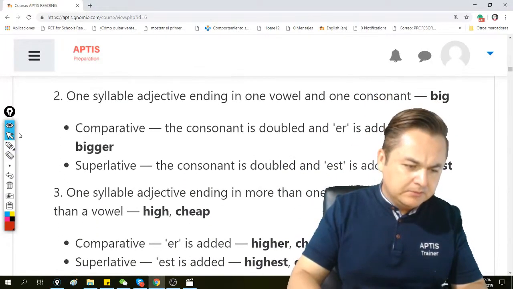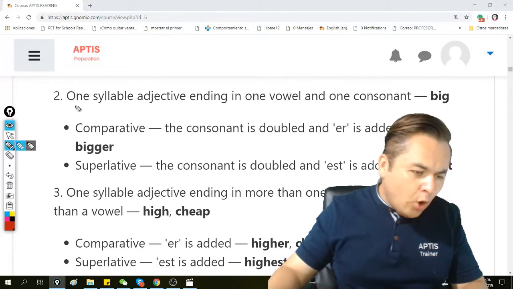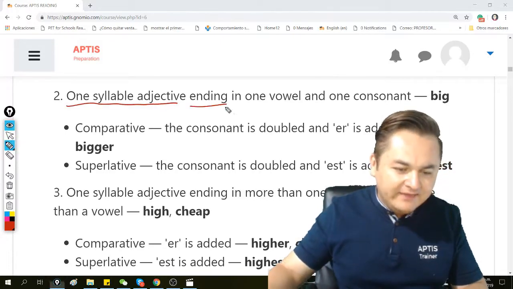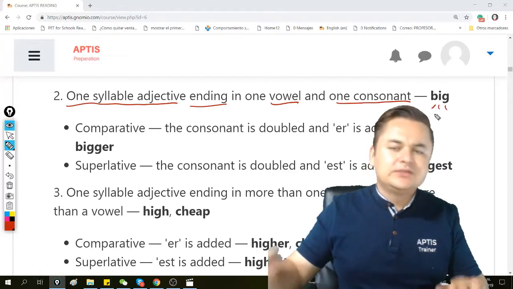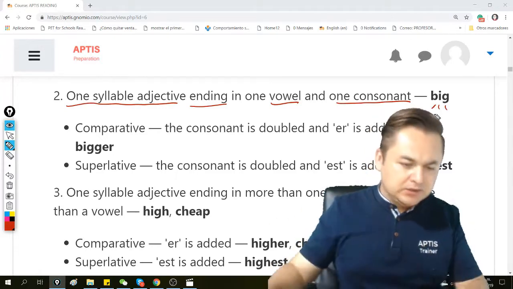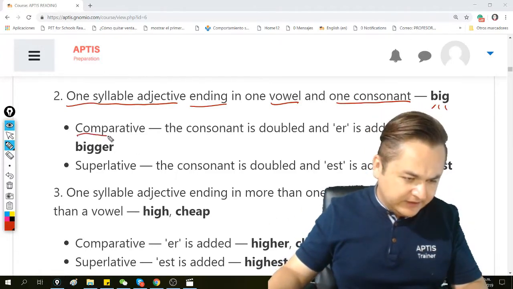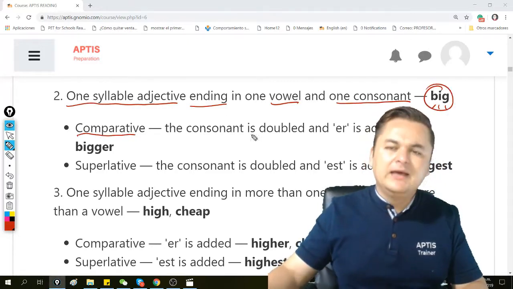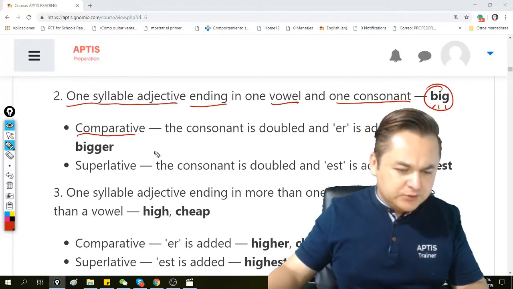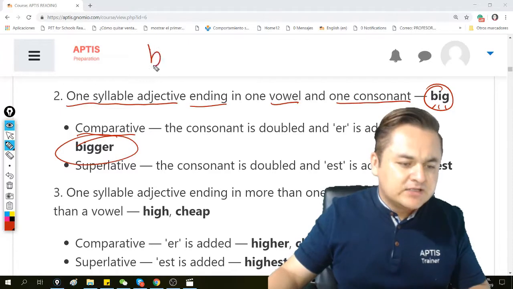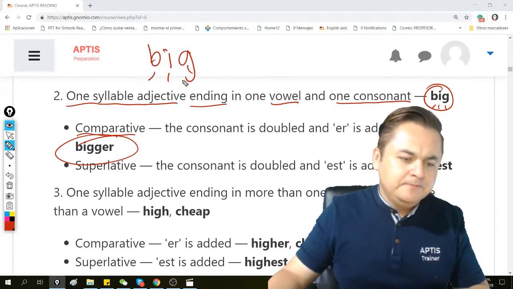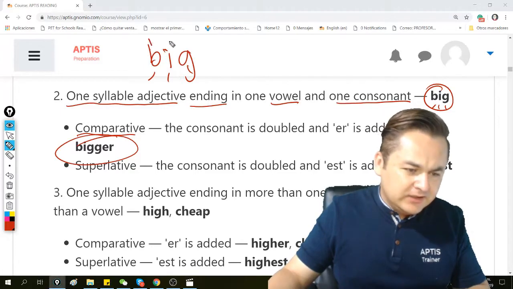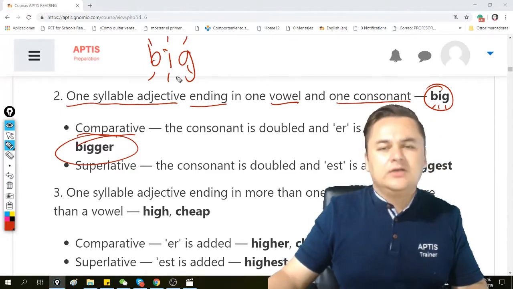First, you want to remember that a one-syllable adjective ending in one vowel and one consonant should double the last consonant. For instance, if I have the word big, the comparative is bigger, because I have these three letters, B-I-G: a consonant, a vowel, and another consonant.